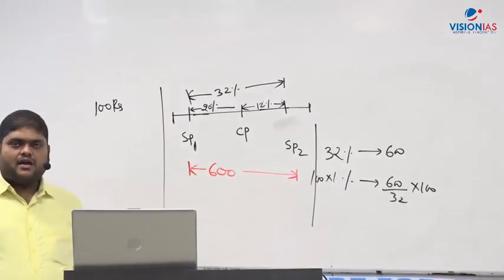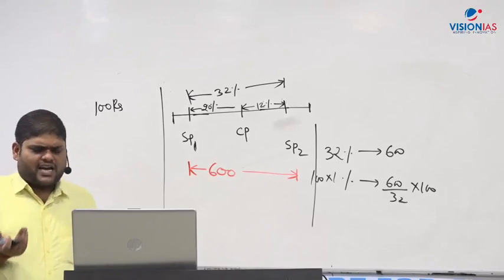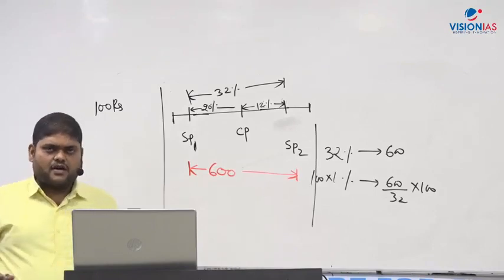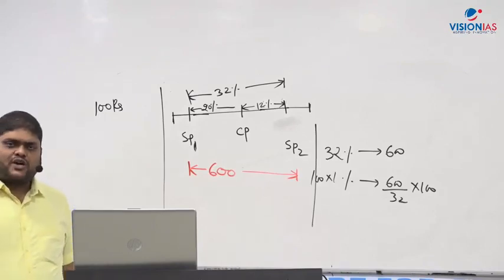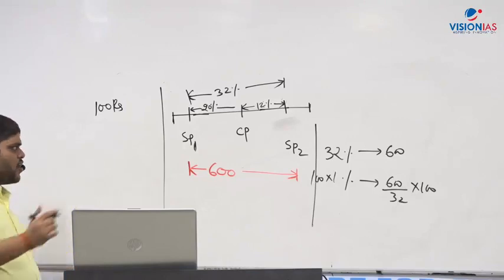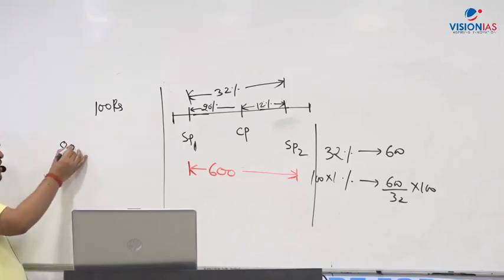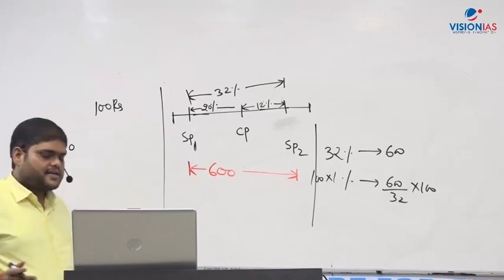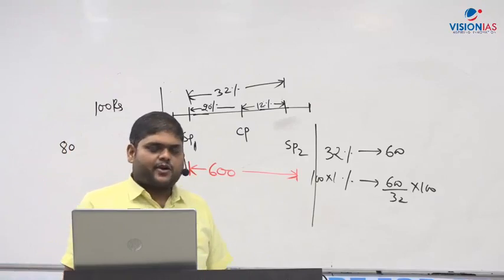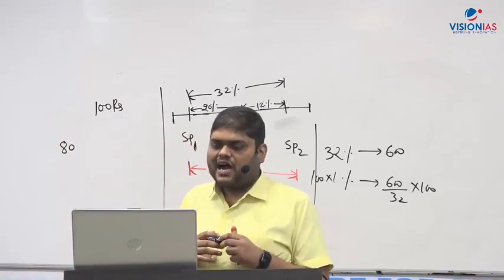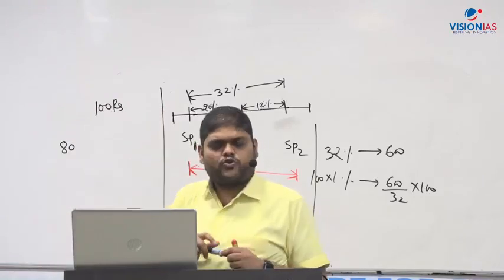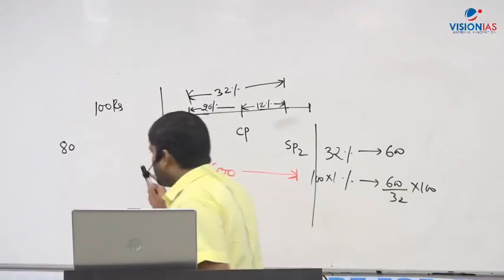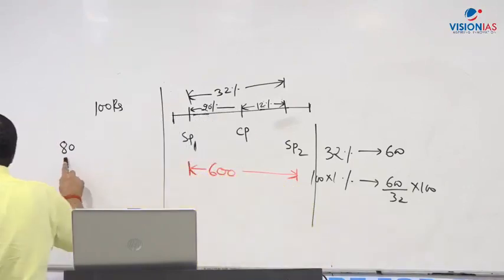One day, I have 100 rupees, I am going somewhere and I lose 20 rupees. Now I have 80 rupees. What happened? I had 100 rupees, I was going somewhere and I lost 20 rupees. Now how many rupees do I have? Only 80 rupees.